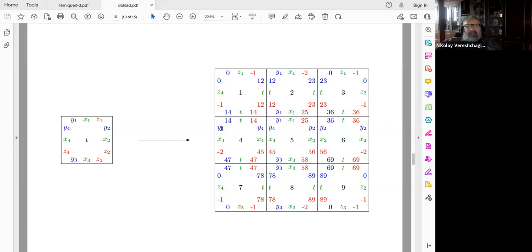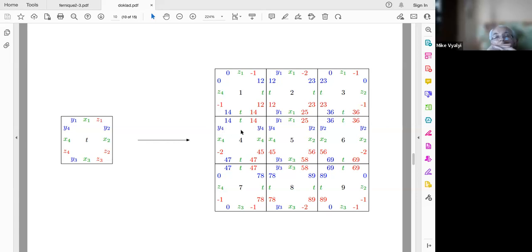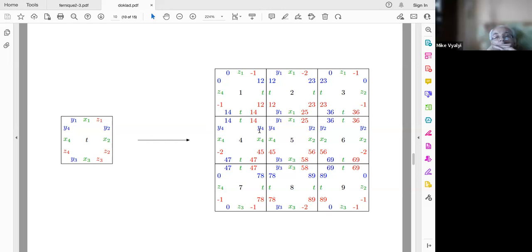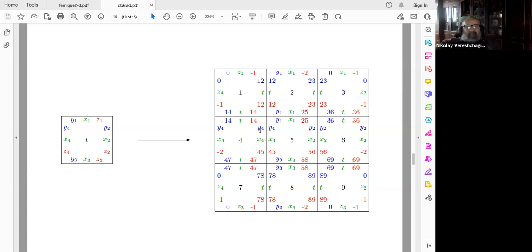If this Y4 is 12, then you can use the right-hand side. If this Y4 is 23, we can use the left side. And if it's different from both, we can use either side. You see, the idea here is that all the tiles of different types are very different, and that's why we can distinguish them.